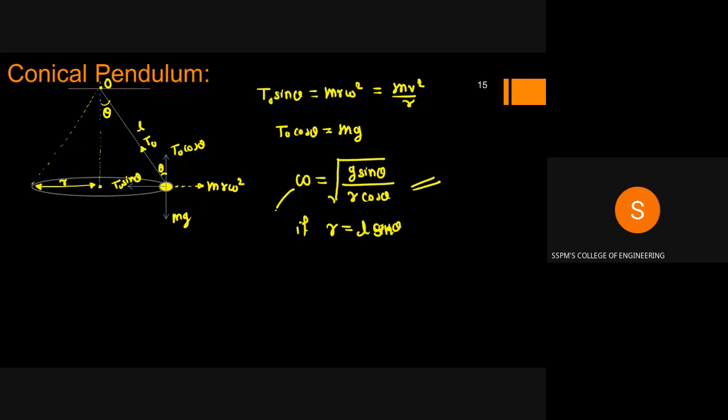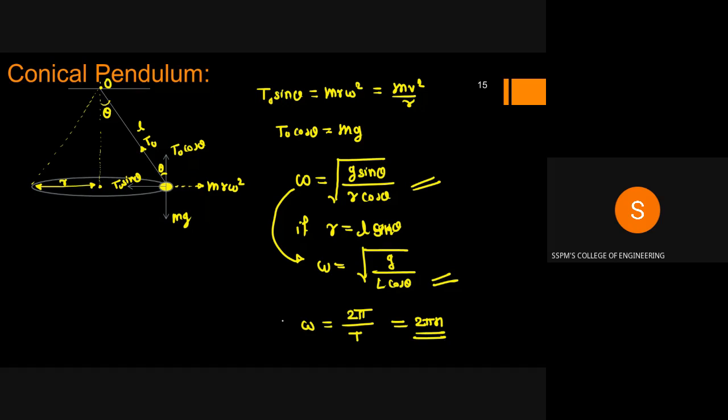Then this angular velocity equation is equal to square root of g upon L cos theta. And for the time period, the angular velocity omega is equal to 2 pi upon T, or equal to 2 pi n.